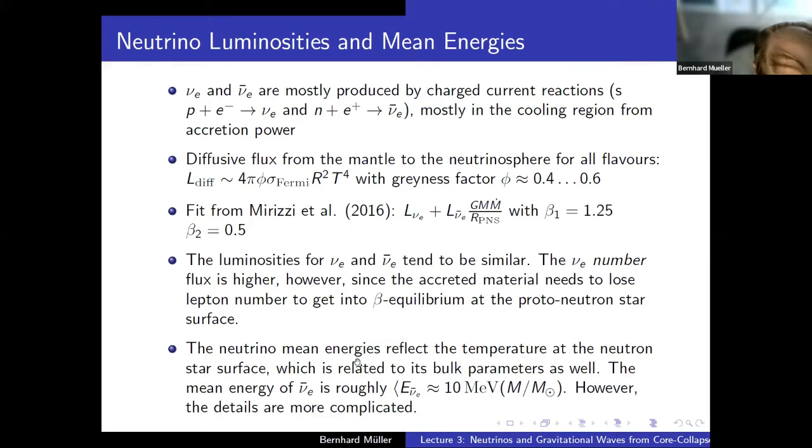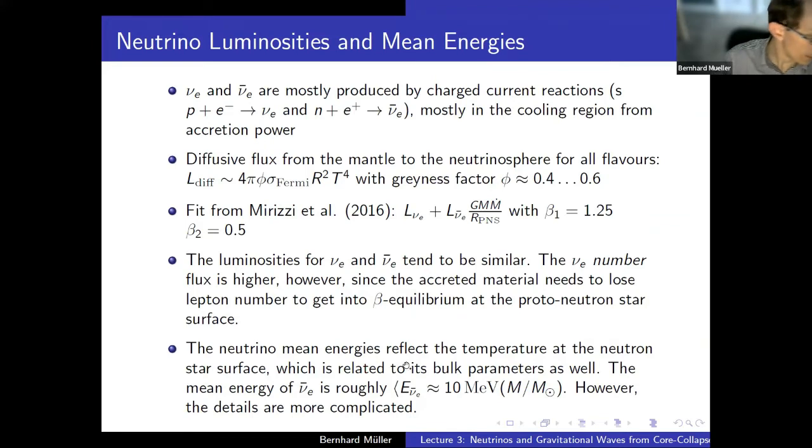And it actually happens to be related very closely with the mass of the neutron star. So you can construct a model for the neutrinospheric decoupling of the electron neutrinos. The result is that the antineutrino mean energy is about proportional to the neutron star mass, which is nice because that potentially allows you to constrain the neutron star mass as a function of time by measuring the electron neutrino emission.